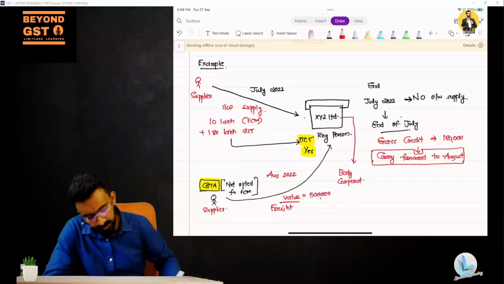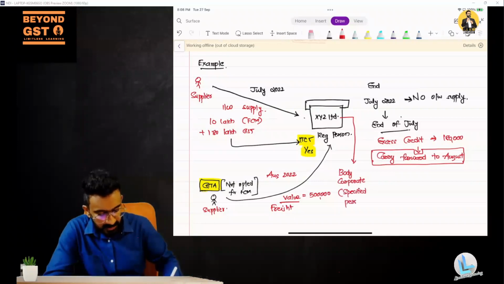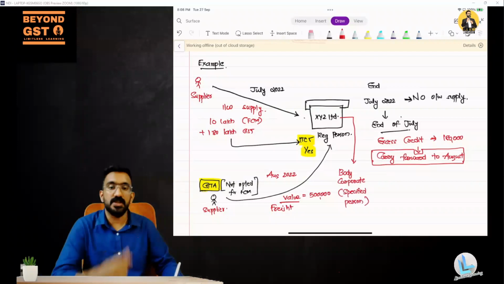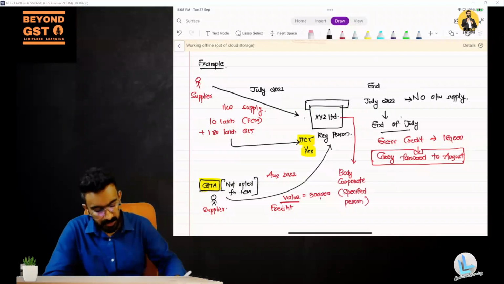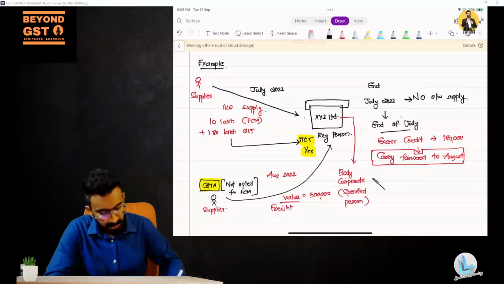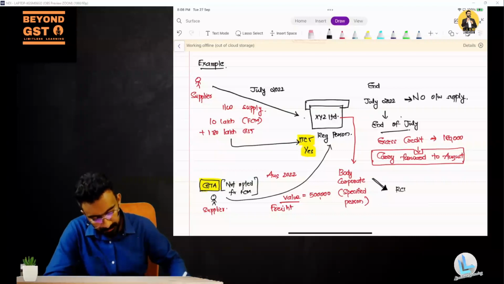When a GTA is providing services to a body corporate, this body corporate is a specified person for paying taxes under reverse charge when they receive services from a GTA. So this body corporate is a specified person, thereby this tax is payable under reverse charge mechanism.